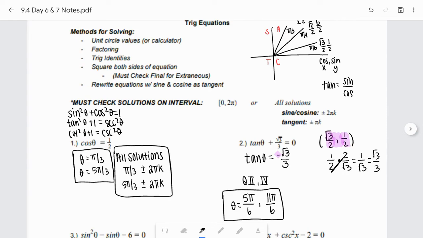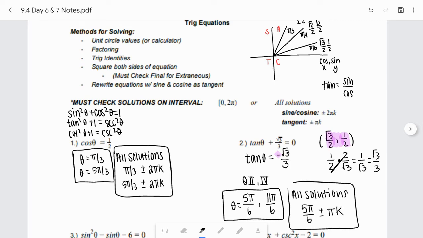If I were to write down all solutions, okay, when we use tangent for all solutions, we only need to plus and minus pi k. So I would say that this is 5 pi over 6 plus and minus pi k. I don't need to include the 11 pi over 6 because 5 pi over 6 plus pi would get us 11 pi over 6.